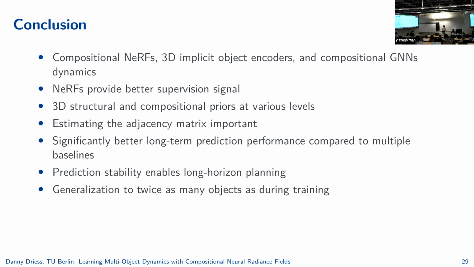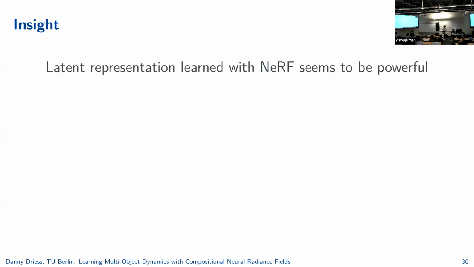And we achieved significantly better long-term prediction performance compared to multiple baselines. And I think one powerful insight is that latent representations learned with neural radiance fields seem to be very powerful. And I think the data has also convinced us with great results that learning embeddings with the right supervision can be a path forward in robotics.